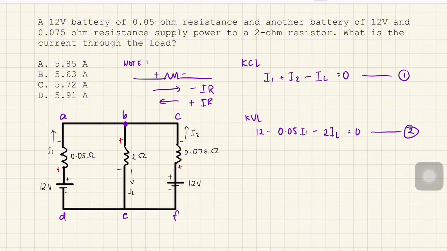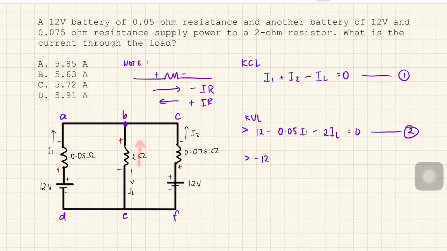Next, for loop FCBEF, so we'll go in this direction. Alright, so since we are leaving on the negative side, we'll write it as negative 12.